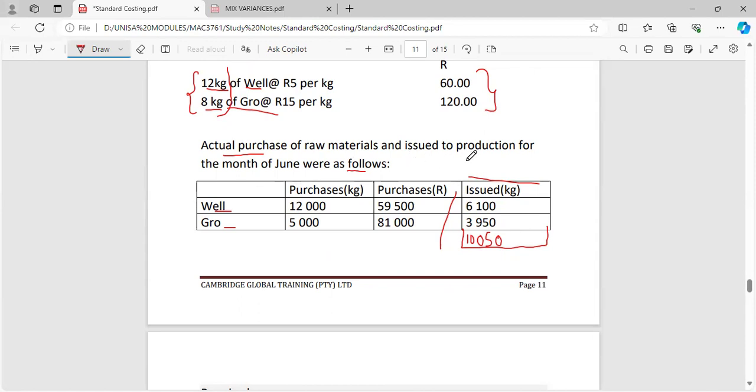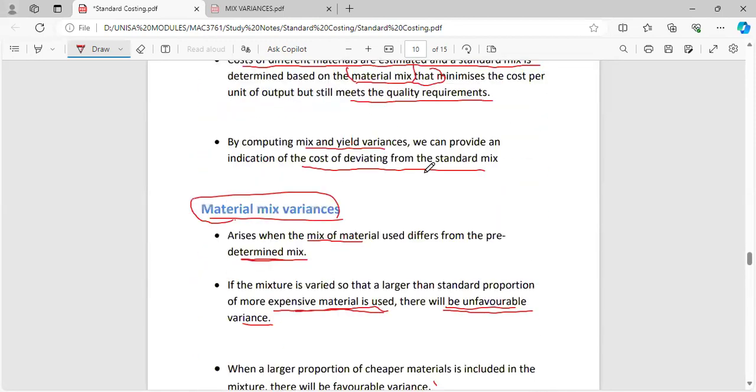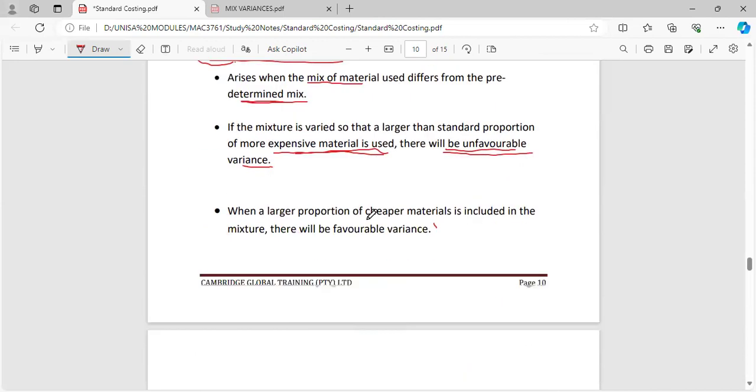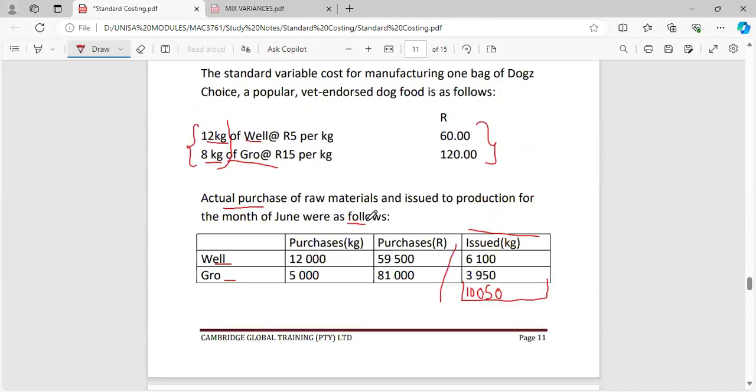Here we are talking of material mix variance, which means we will be looking at the material that was used. We are not talking of the material that was purchased here. We are looking at the material that has gone into the product. So that's where the material mix variance is going to come.